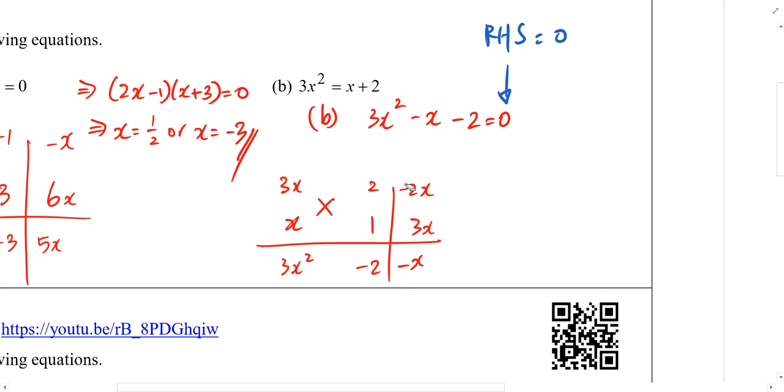Okay, the negative sign should be at 3x. Then where does the negative sign go to? The 2 or 1? Okay, and therefore we factorize this out to become 3x plus 2, x minus 1 equals 0. Therefore, x equals to?